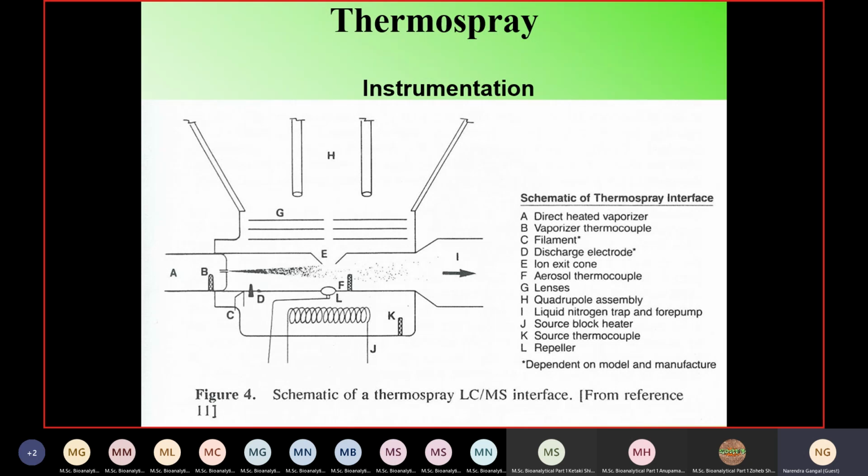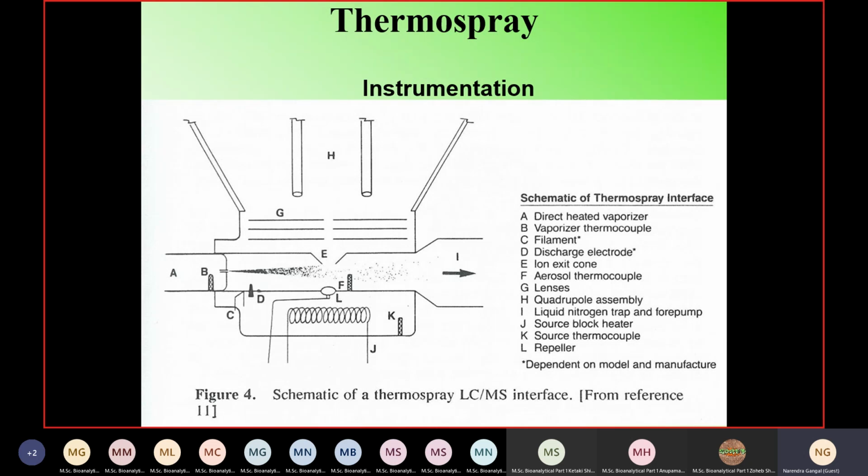A is a direct heated vaporizer, which is going to heat the material coming out from your LC portion. This is an interface, always in between LC and mass. So A is a direct heated vaporizer. Then B is a vaporizer thermocouple.